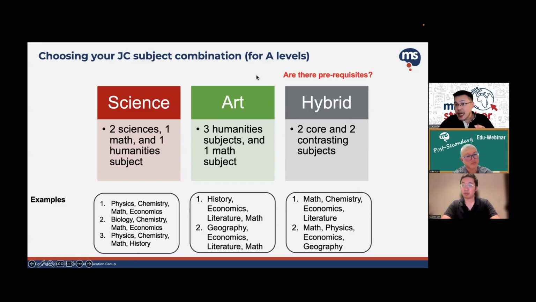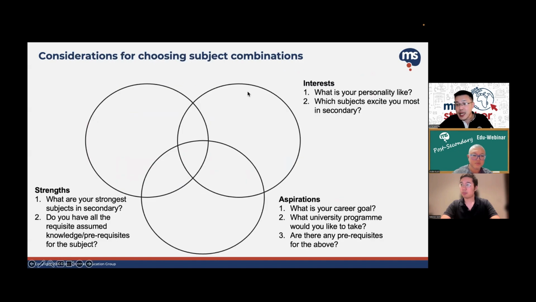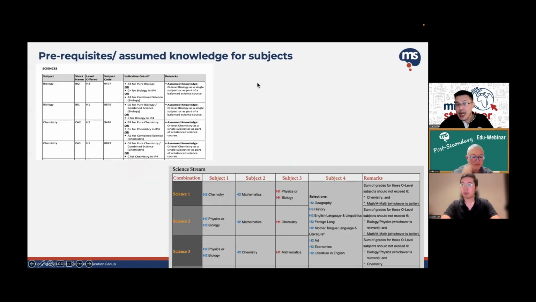The thing to note is, are there prerequisites for this? Sometimes people do wonder about the prerequisites and everything. What you need to know is that this can vary from school to school. Generally, for all of these subject combinations and subjects, there will be certain assumed knowledge, right?